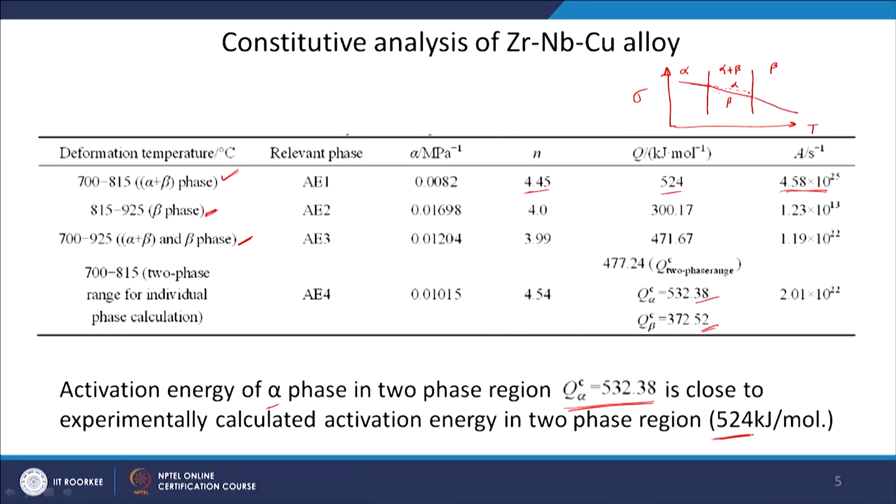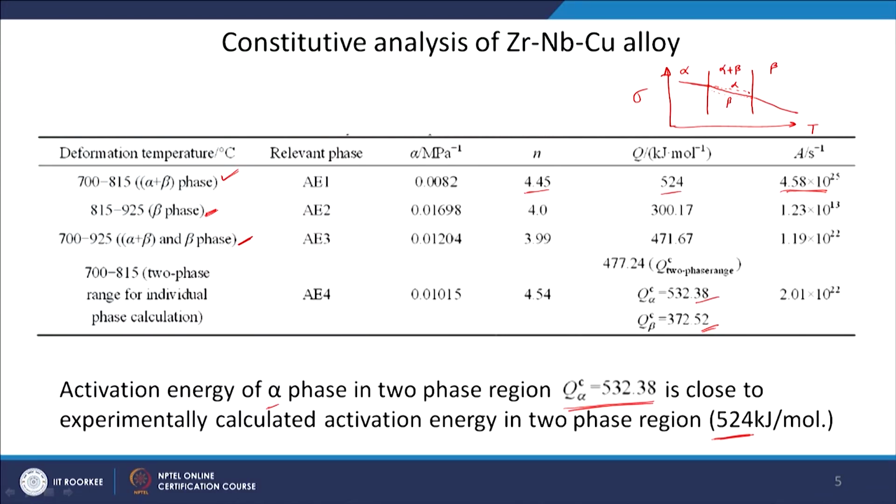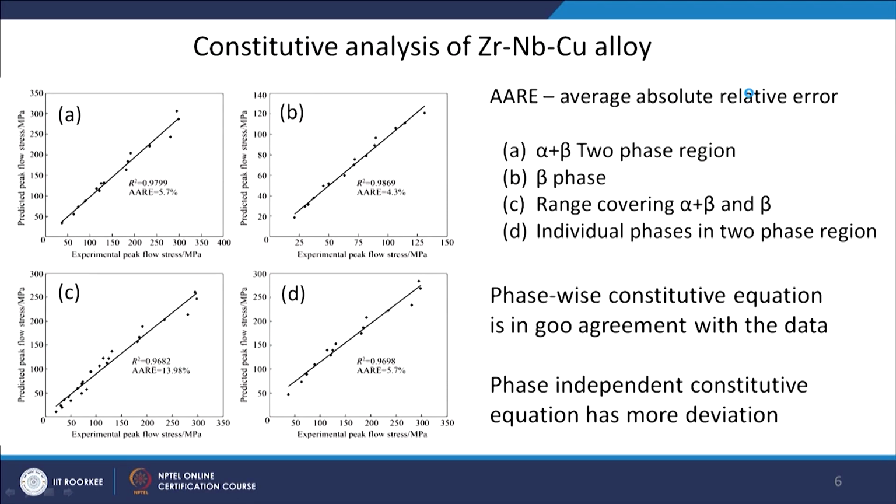Which we found is coming very close to the actual flow stress results. That means I could extrapolate it, and if I combine both I am able to get what we are getting through experimental data, the flow stress in the two phase region. So, that is how we calculated the activation energy for alpha and beta, and we could show that the alpha phase is the dominant phase.